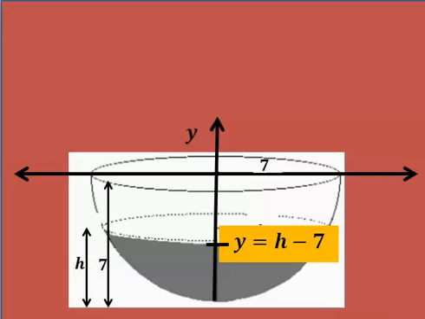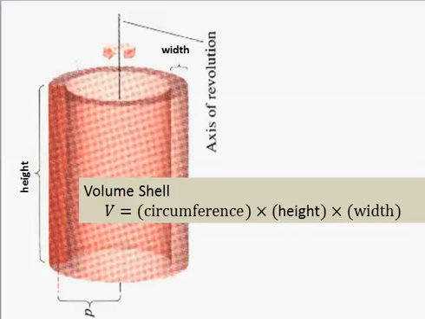So the top of the water hits the y-axis at h minus 7. Recall the volume of a shell is circumference times height times width. So I need to find those three components.